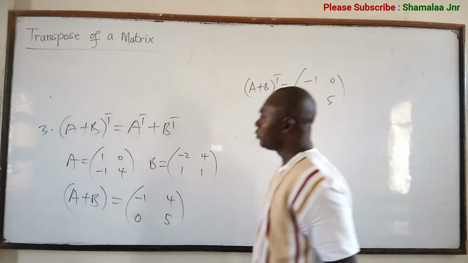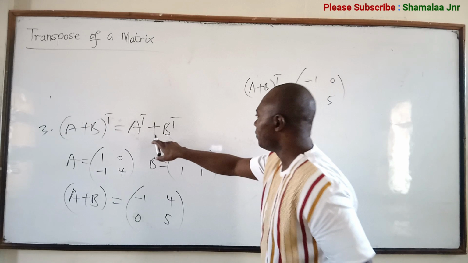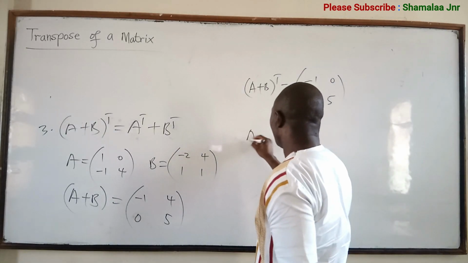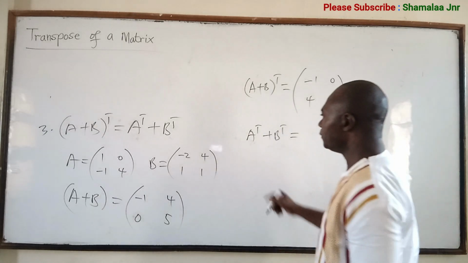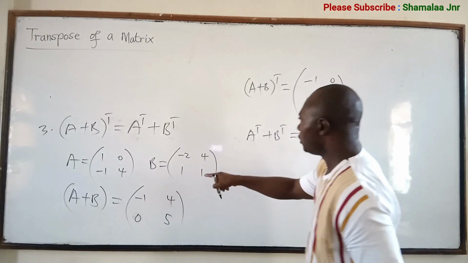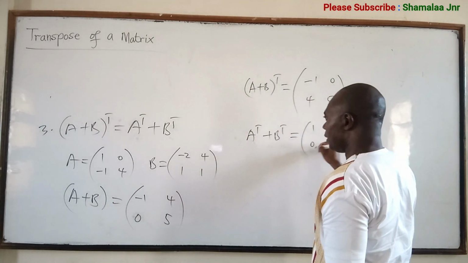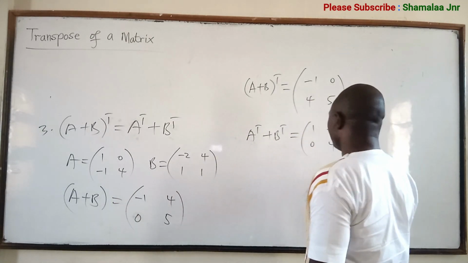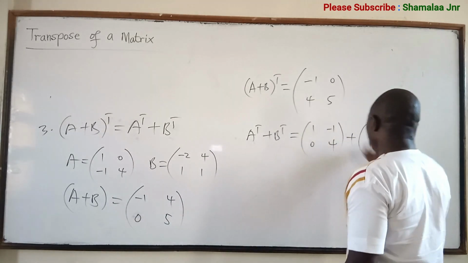Now let's move on to the right hand side. The right hand side, we are saying that A transpose plus B transpose. Now A transpose plus B transpose is equal to, look at it, A transpose is going to be 1, 0, -1, 4 this way, isn't it? And then plus B transpose.